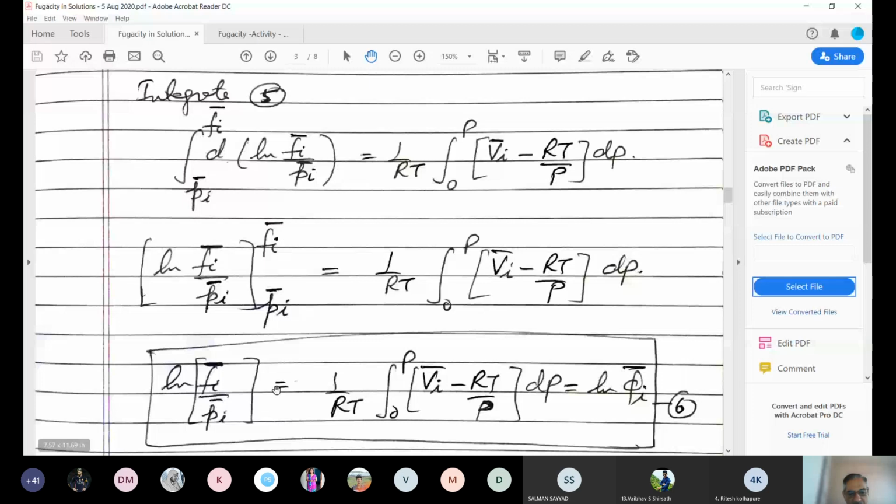So that's why I put nothing there, minus nothing. The right hand side is the same, and we define Fi bar by Pi bar as the fugacity coefficient, ln of phi I bar. We have defined for a pure component phi I as Fi by Pi. So for solution, Fi bar by Pi bar is equal to phi I bar, the fugacity coefficient. Any questions on equation 6?